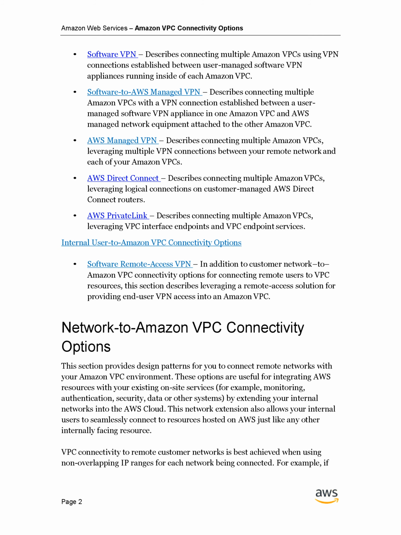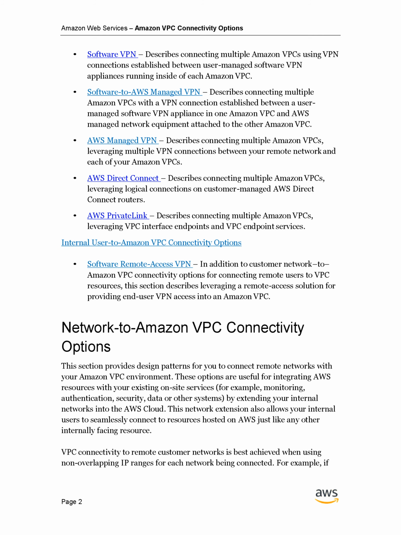Internal user to Amazon VPC connectivity options. Software Remote-Access VPN, in addition to customer network to Amazon VPC connectivity options for connecting remote users to VPC resources, this section describes leveraging a remote access solution for providing end-user VPN access into an Amazon VPC. Network to Amazon VPC connectivity options.